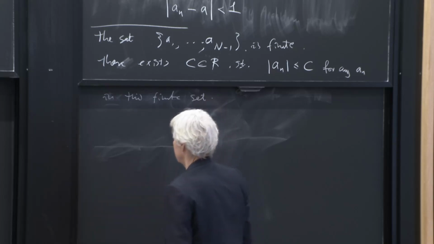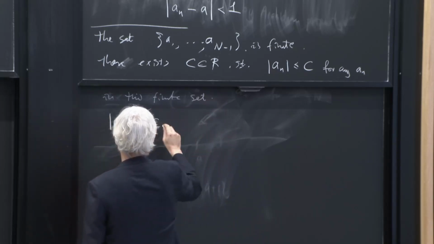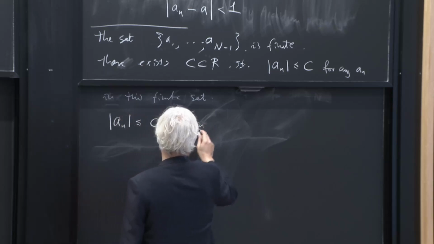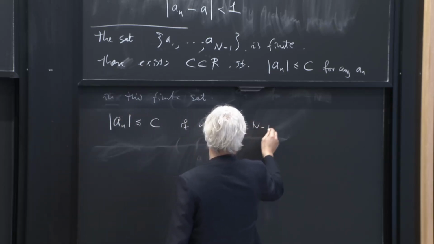Right. So this means, in other words, that |a_n| is less or equal to C if n is between 1 and N minus 1. Right.